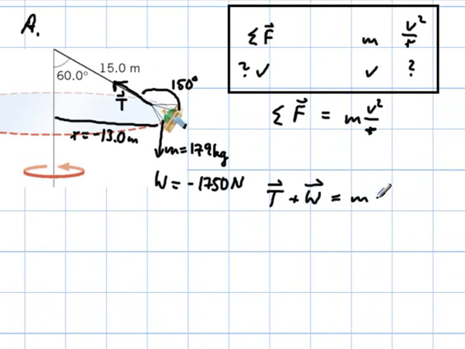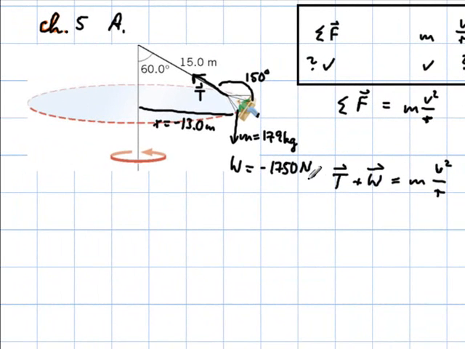Equals mass times velocity squared over r. Okay, now the tension is to the upper left, the weight is down, so we do need to split it up into x direction and y direction.